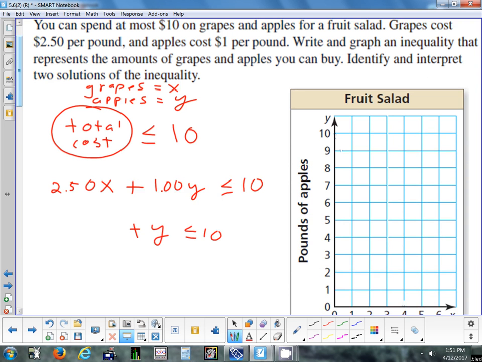Now, what's 2.50 the same as? You could just put 2.5. Okay, so I'm just kind of simplifying it a little bit. You don't have to write 0.00 for 1. Okay, there's your equation, or inequality.